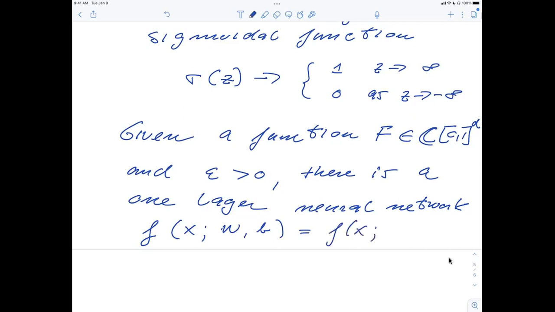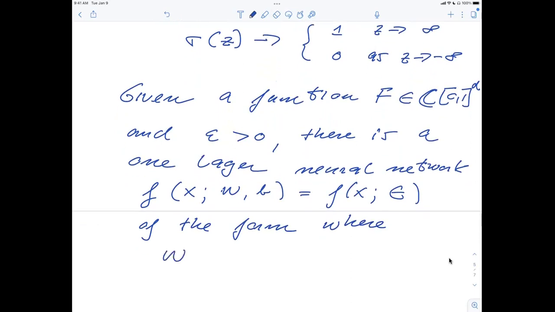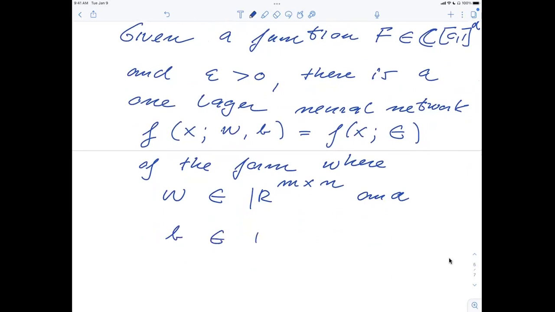these neural networks, as we might call them, are of the form where these weights are now given by a matrix. And this is a matrix of dimensionality m times n. So you would have m input variables and n hidden nodes, and a vector of length n.